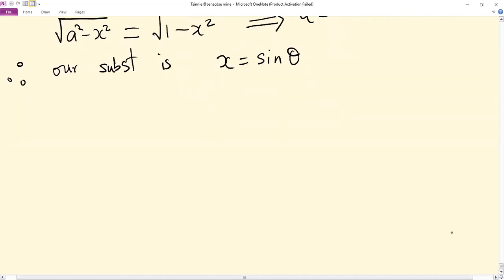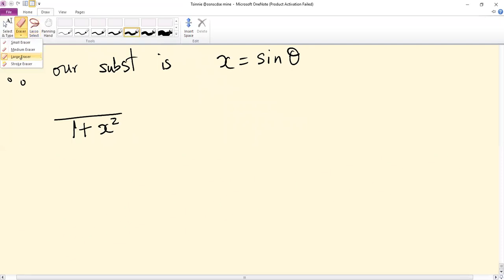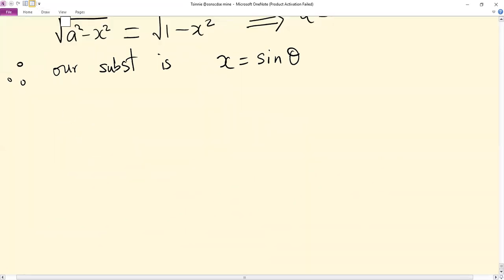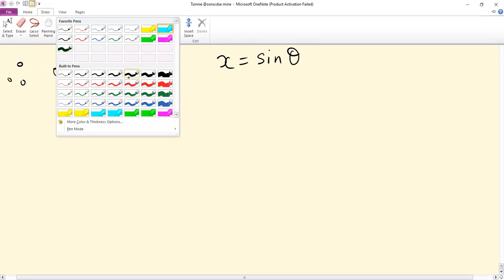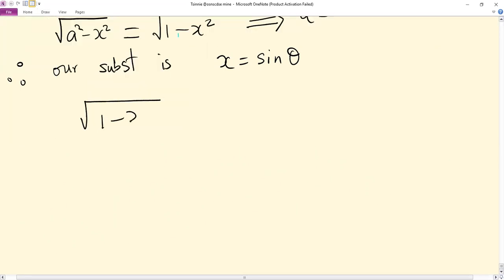Now from this, we have the square root of 1 minus x squared. The square root of 1 minus x squared is the square root of 1 minus, when you square x, you get sine squared theta, which is the square root of 1 minus sine squared, which is cos squared.